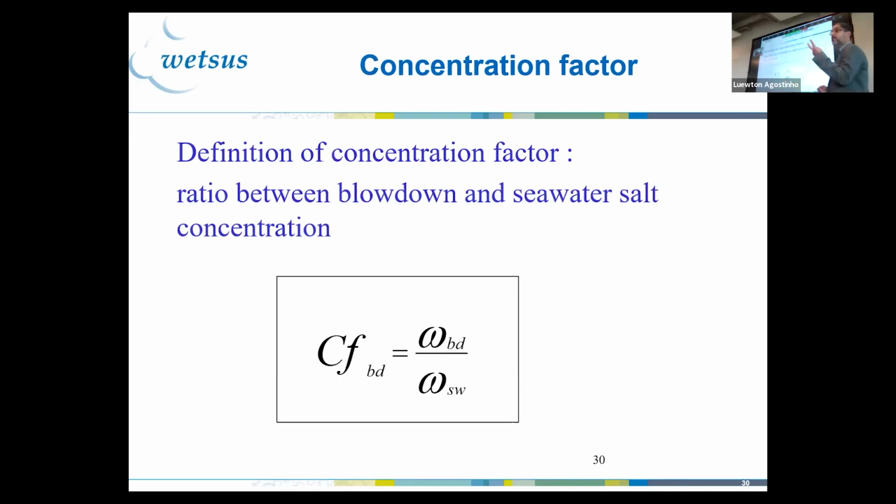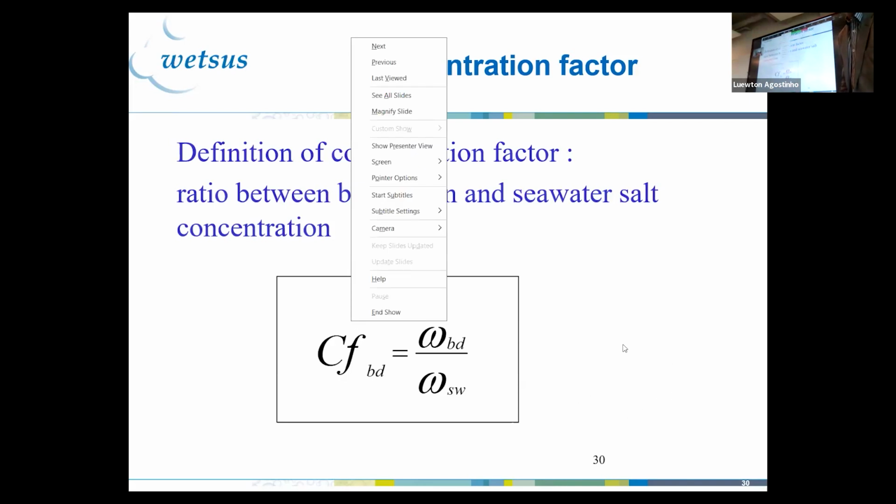A concentration factor of 2 means that the salt concentration in your brine is double what you get in your seawater.